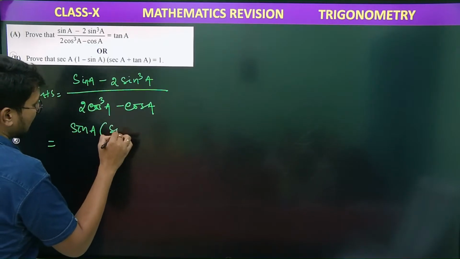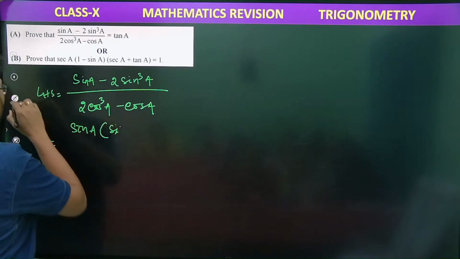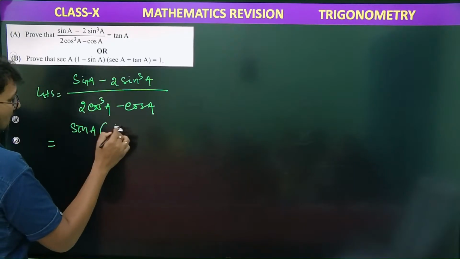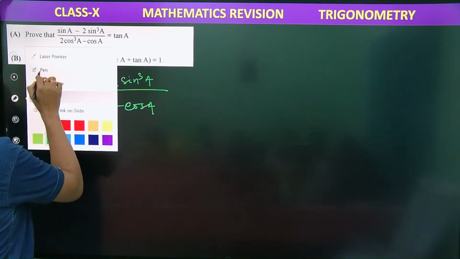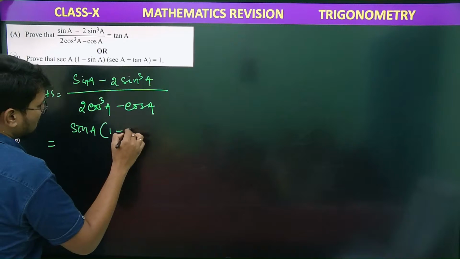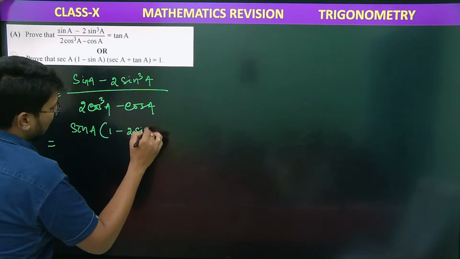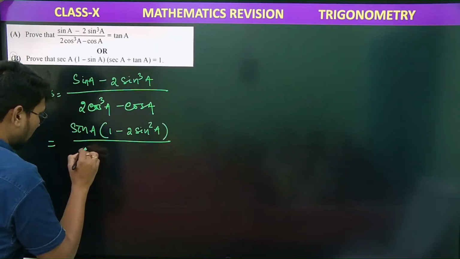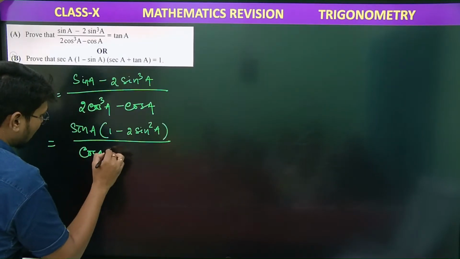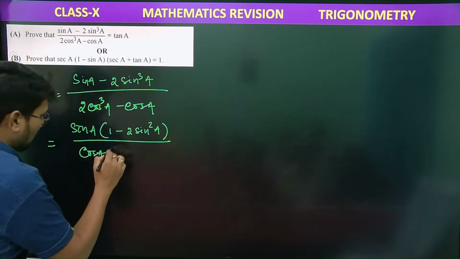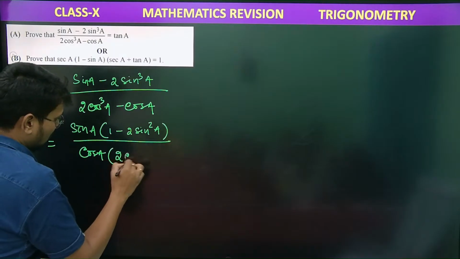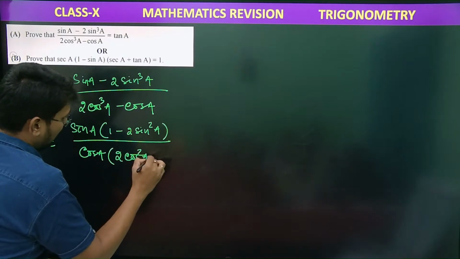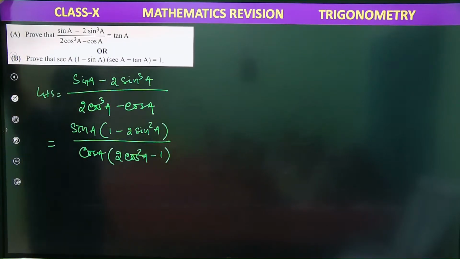What is left? 1. So 1 minus 2 sine square A, whole divided by, here also we can take cos A common. So 2 cos square A minus 1 is left. Got it everyone? Understood now?